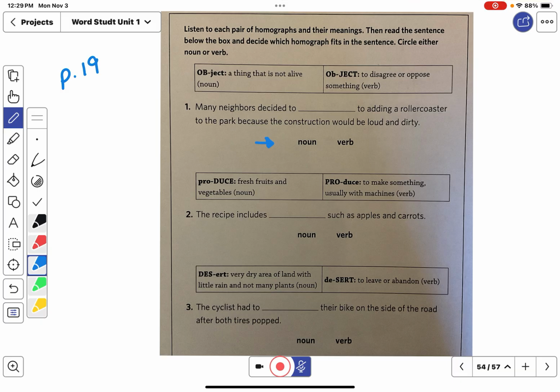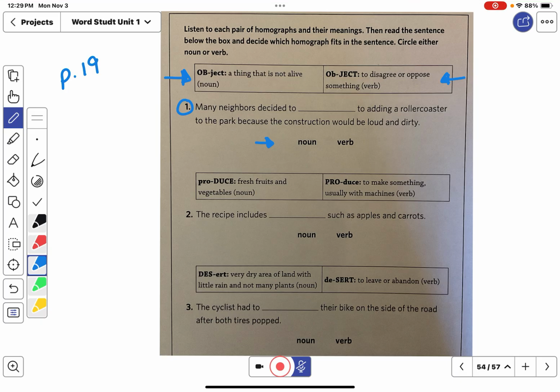You will circle noun or verb after I read each sentence. So the first word that we're going to look at is object. Something that is not alive. That would be a noun. Or we could say it differently. We could say object. And that's when you disagree or oppose something. That would be a verb.